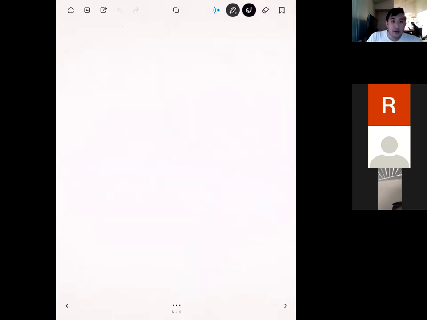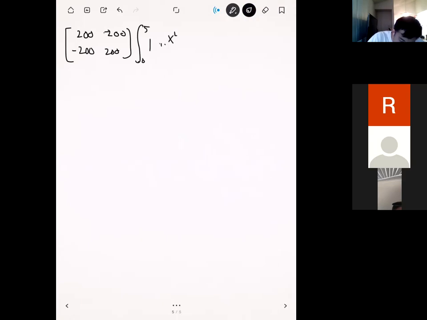Okay. So if we simplify that, then we're left with the following, and so we're left with 200, minus 200, minus 200, and 200. And then the integral from 0 to 5 of 1 plus x squared over 400.